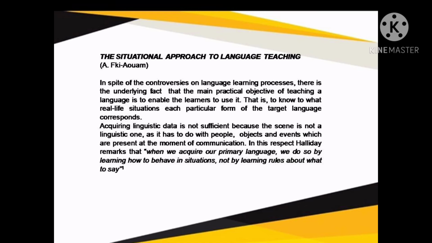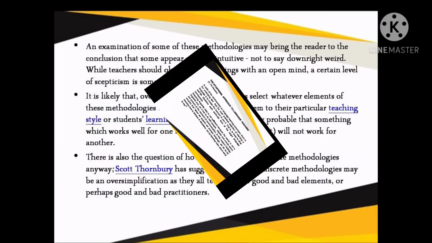Acquiring linguistic data is not sufficient because the sense is not a linguistic one, as it has to do with people, objects, and events which are present in the moment of communication. In this respect, Halliday remarks that when we acquire our primary language, we do so by learning how to behave in situations, not by learning rules about what to say.